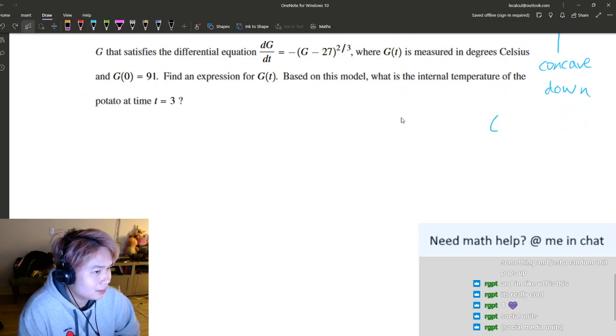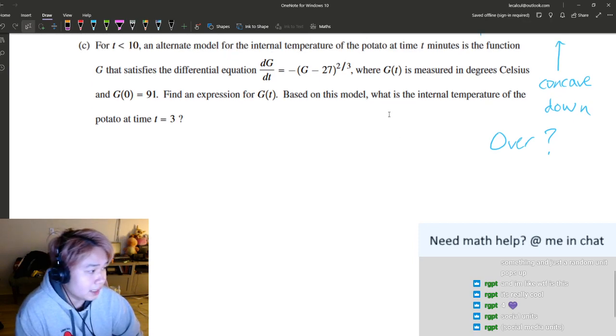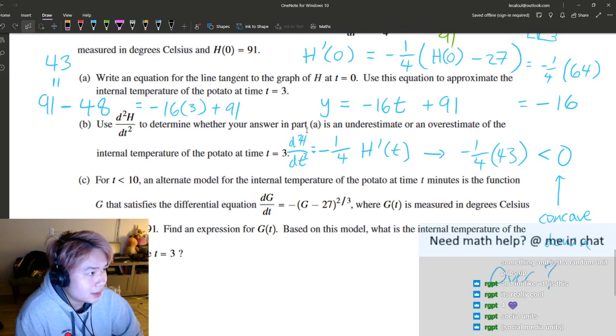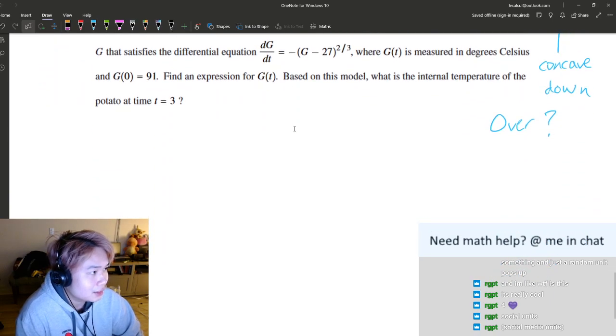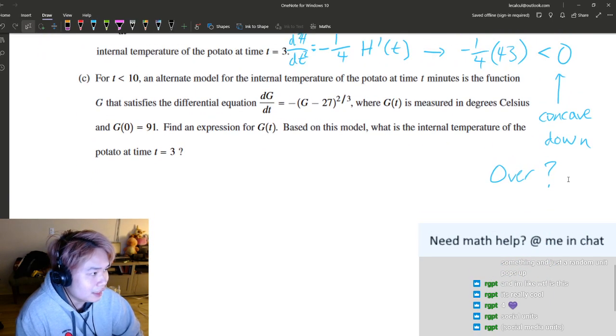Something like that? I don't know. It's been a while since I've thought about under and overestimating. But it's a 50-50 chance.